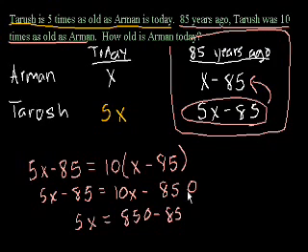Let's see, what's 850 minus 85? Well, it would be 35 less than 800. So we could say that 5x, 35 less than 800, 30 less than 800 is 770, so it would be 765.